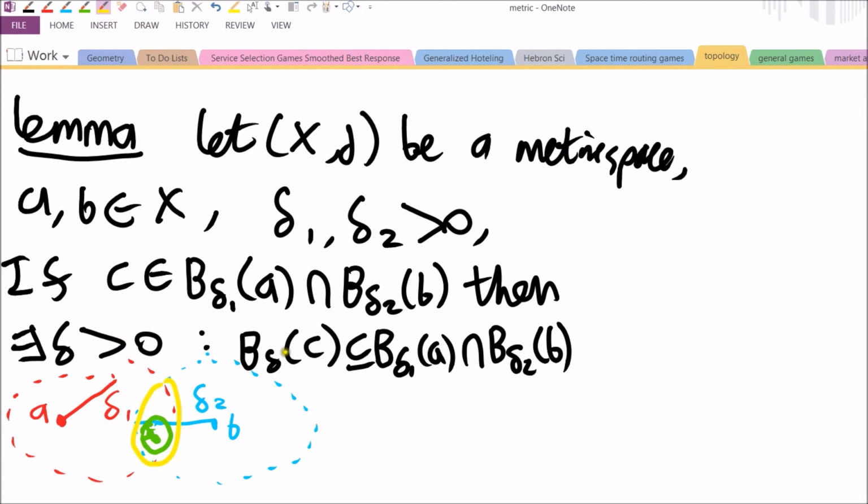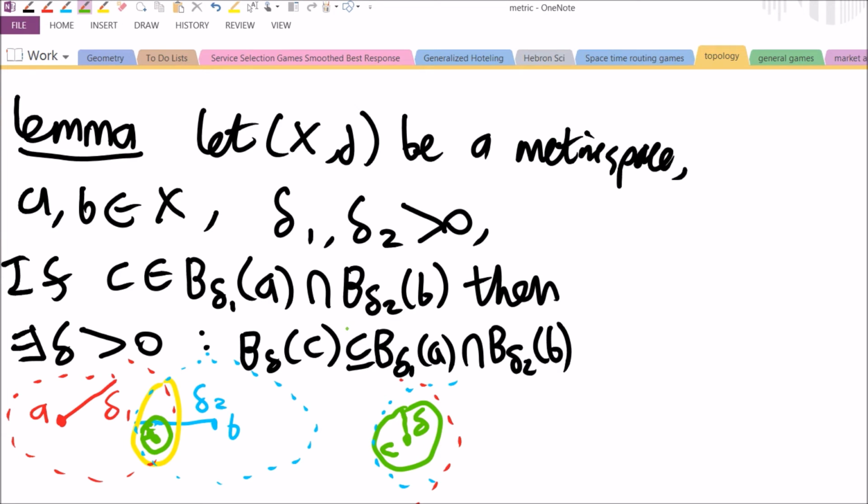So let's just zoom in on this a bit. We have this point C and this distance delta, and we should be able to construct a ball around C of radius delta, which is contained within the intersection of those two balls.